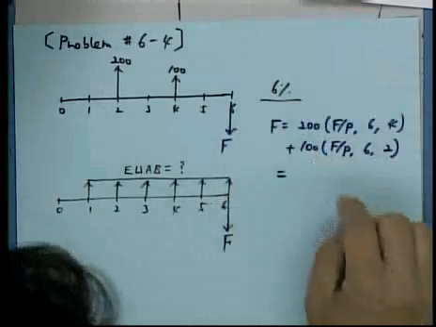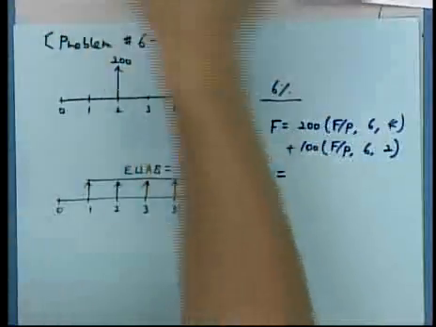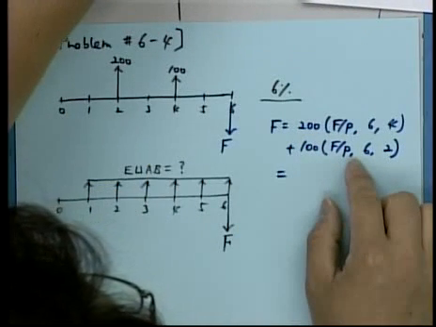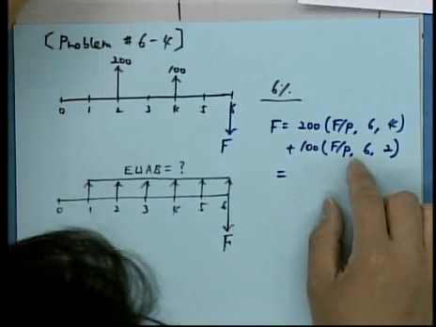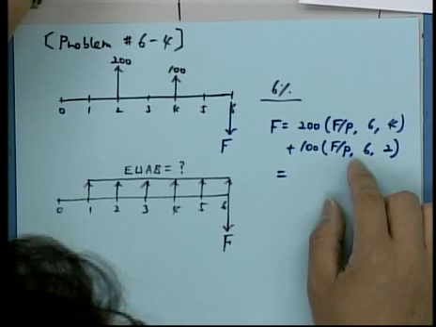F given P at 6% over 4 periods is 1.262.